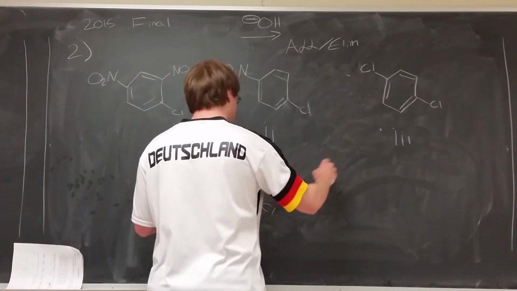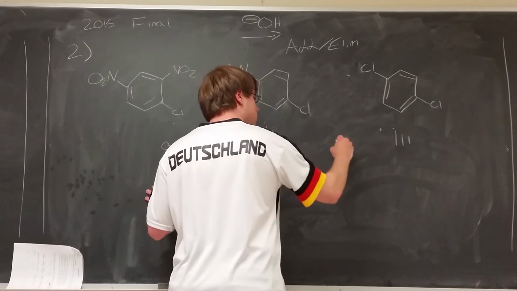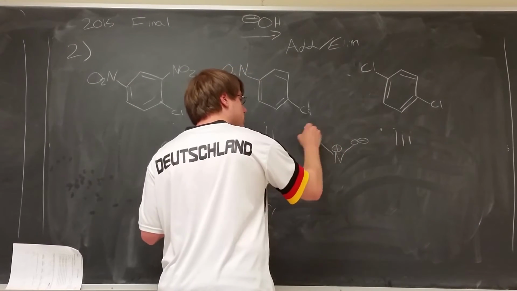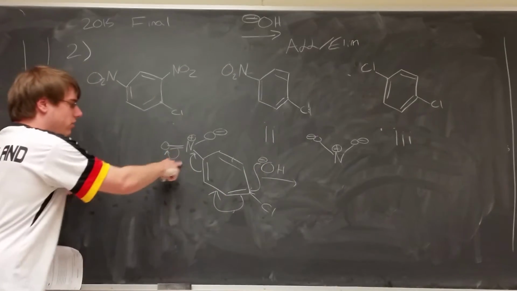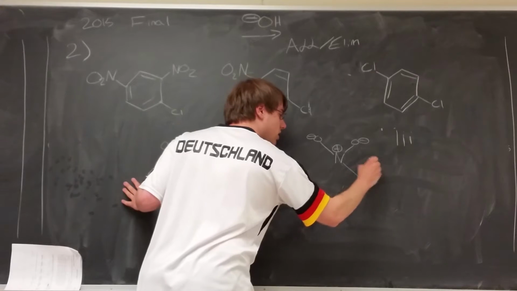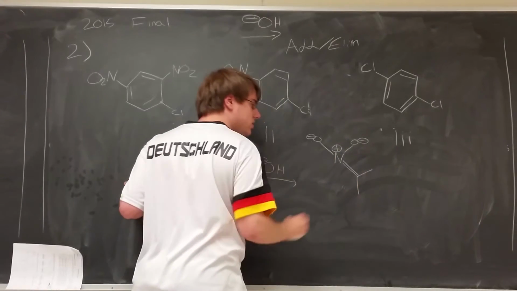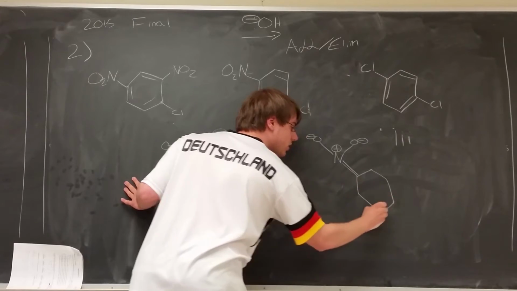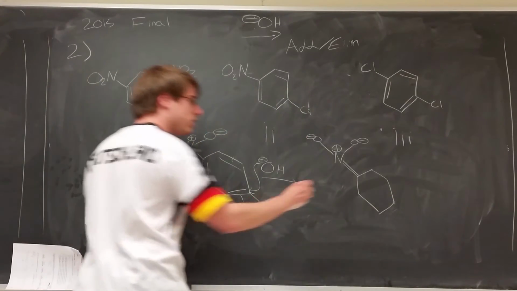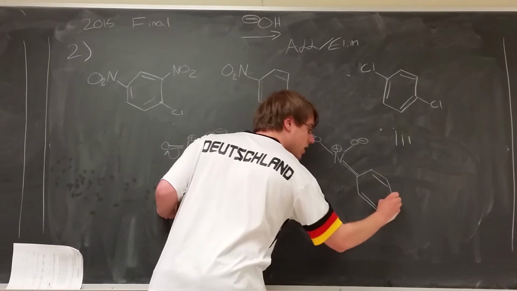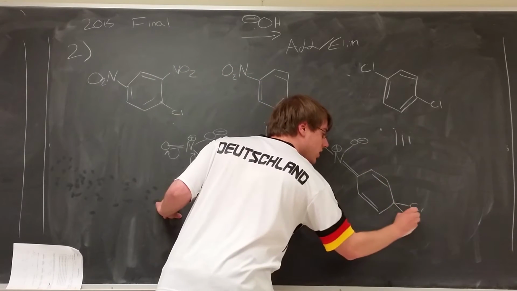And so you get this intermediate right here, where now the nitrogen is still positive, but both of those oxygens are O minuses because this double bond resonated up into the oxygen. And now I have that nitrogen on a double bond to the benzene. Well, it's not really benzene anymore in this resonance structure, because the double bond is over here, and this double bond was never touched, and now we have a chlorine and an OH on the same carbon.